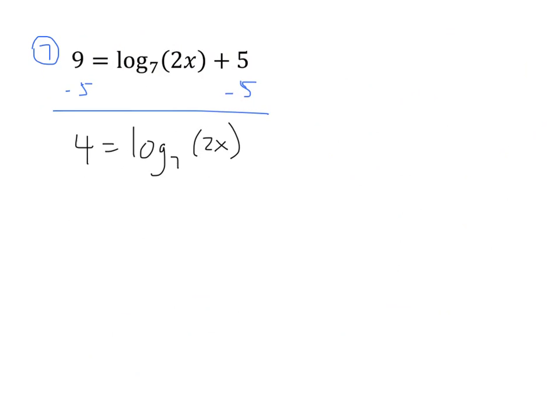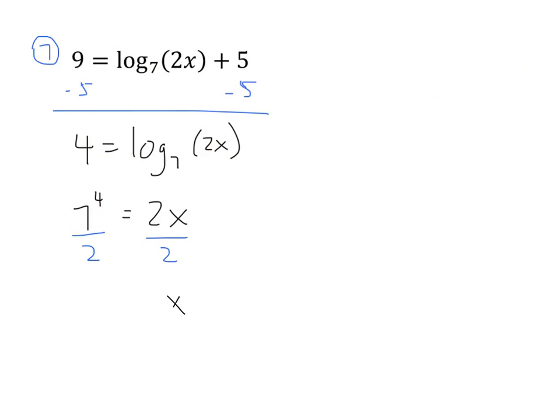Now, again, let's think about this. This logarithm is equal to 4, so that means 4 is our exponent. This is the exponent that I need to raise 7 to in order to get this number, 2x. So that would be 7 to the 4th power equals 2x. Then to get x by itself, we just divide both sides by 2.